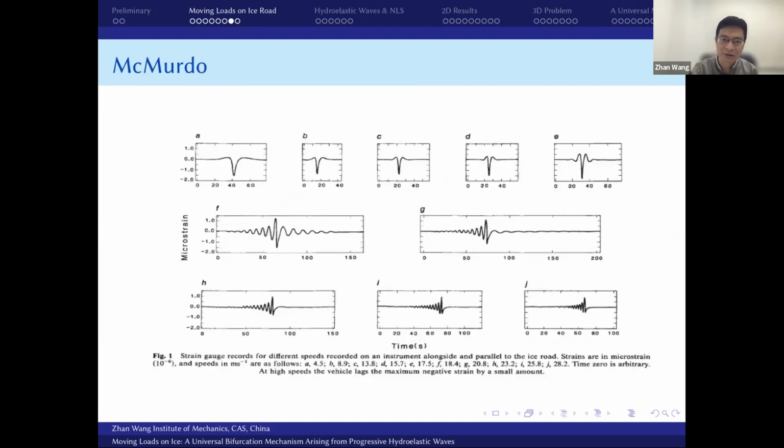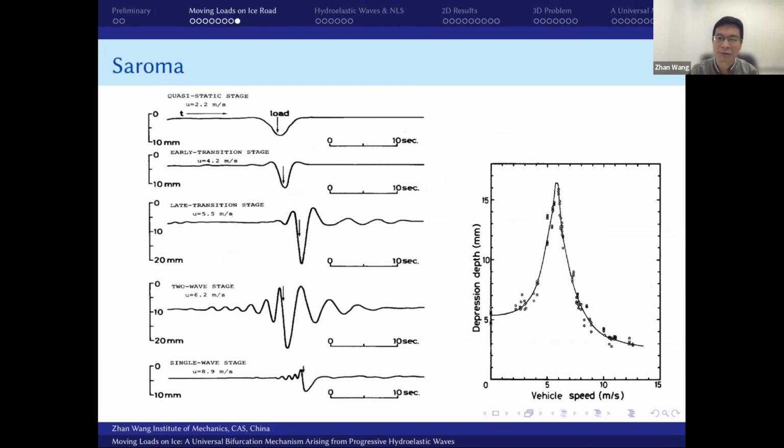And this figure shows the experiment in McMurdo Sound, and this figure shows the experiment in shallow water in Lake Solomon. And you can see the right figure shows that the critical speed is about 6, and close to 6, the amplitude of the deflection of the ice sheet becomes very large, and away from 6, the amplitude is okay.